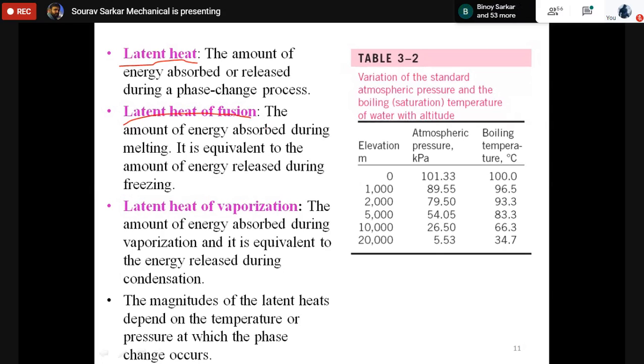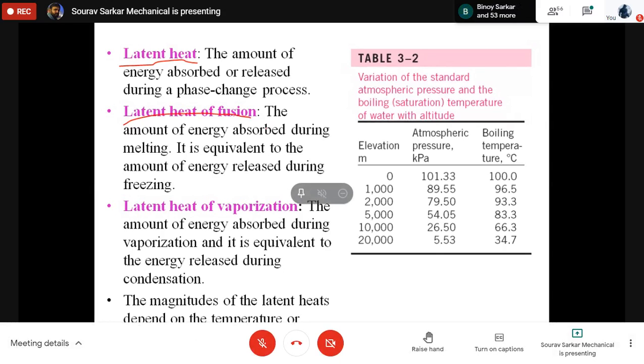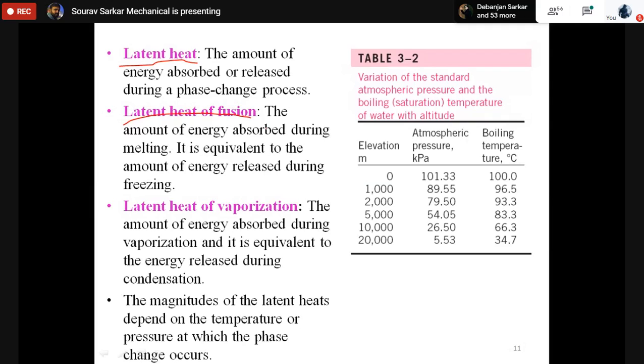If you are going for freezing, you need to extract the heat. If you are going to melt it, you need to supply energy. We know what latent heat of vaporization is. If you are converting from liquid to vapor, you need to supply latent heat of vaporization. And if you are trying to condense it, you have to extract the latent heat of vaporization.